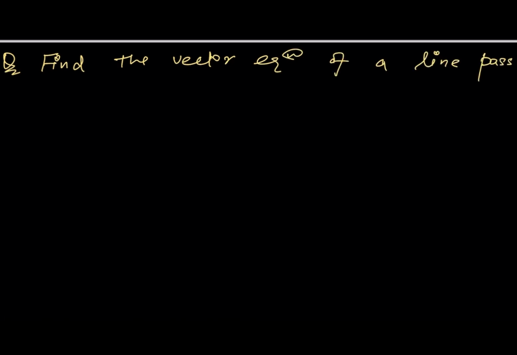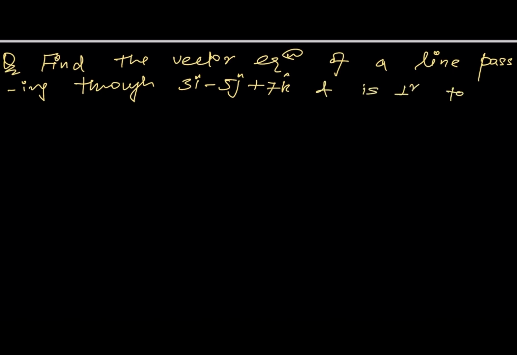Let us take one more question. Find the vector equation of a line passing through 3i cap minus 5j cap plus 7k cap and perpendicular to the plane 3x minus 4y plus 5z is equal to 8. So students, for the equation of a line in space, we need a point through which the line is passing and a vector parallel to the line.